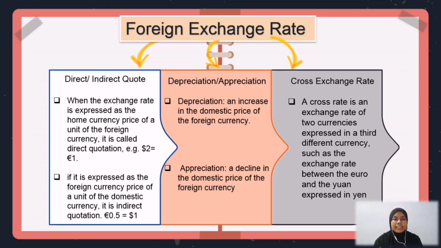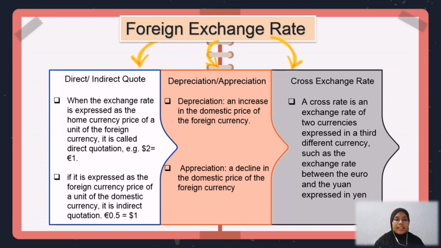Okay, next, foreign exchange rate. In foreign exchange rates, there are direct and indirect quotes. Direct means when the exchange rate is expressed as the home currency price of a unit of the foreign currency, and the indirect quote is when it is expressed as the foreign currency price of a unit of the domestic currency.